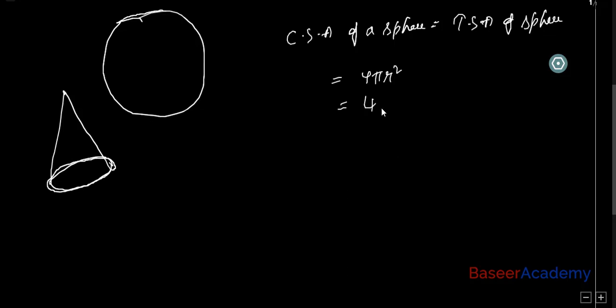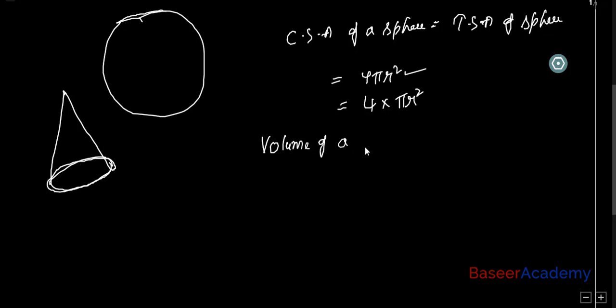Curved surface area of a sphere is 4 times the area of a circle. Area of a circle is pi r square. 4 into pi r square is 4 pi r square. Now the total surface area of sphere again would be the same, 4 pi r square, because it does not really have any flat surfaces.